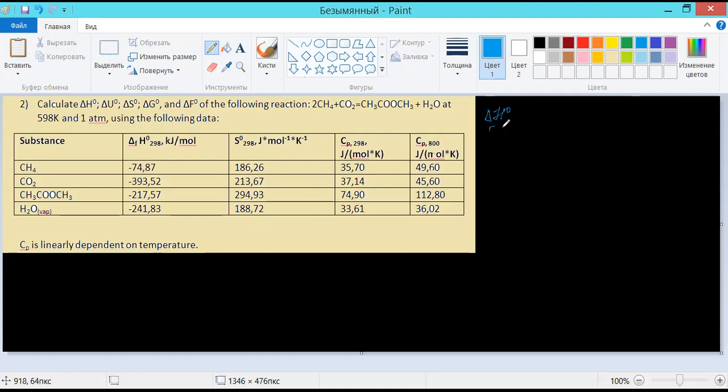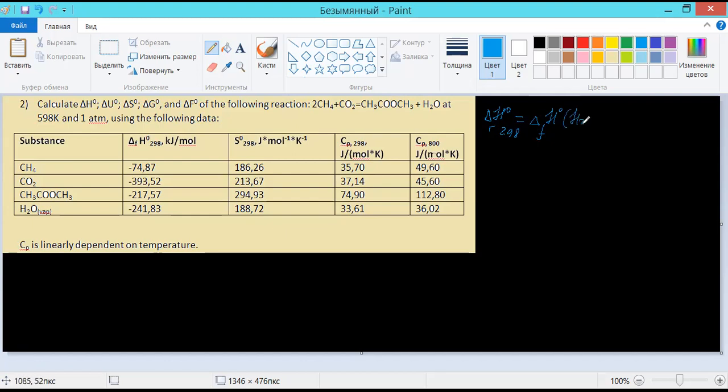R stands for reaction, and we are calculating the effect of the reaction at this temperature. According to Hess's law, we can write that it equals the sum of enthalpies of formation of the products.